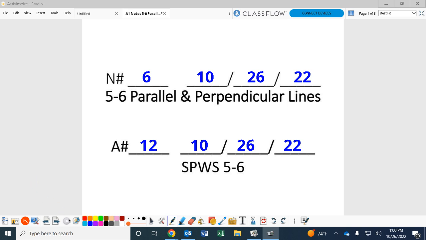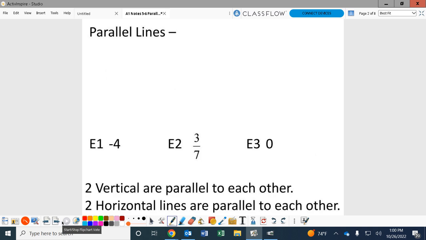So we're going to go through and talk about what makes a line parallel, the symbol, and what the slope has to be in order to be parallel. So here we go. It is going to be two lines that never intersect.